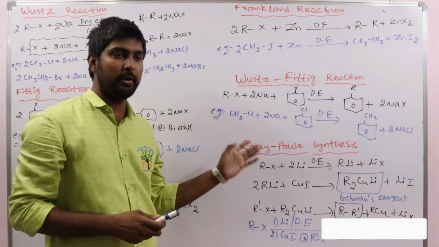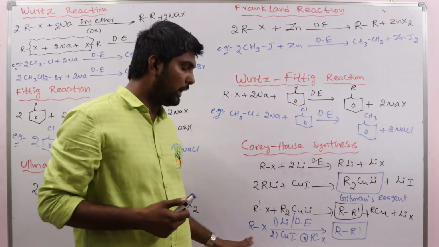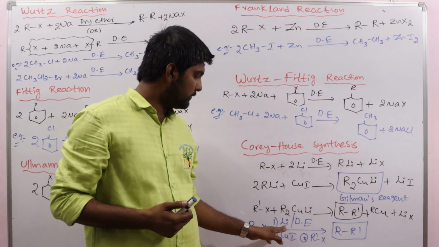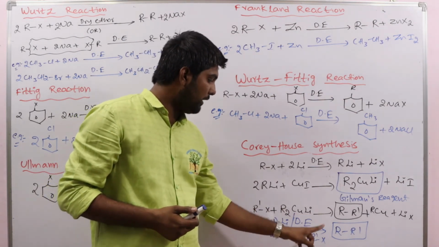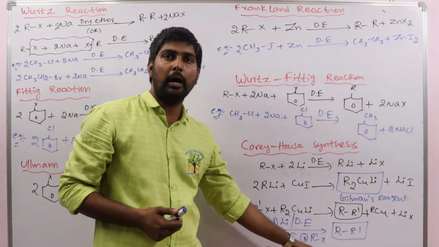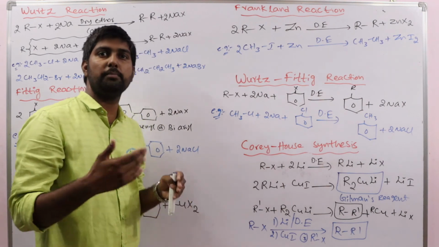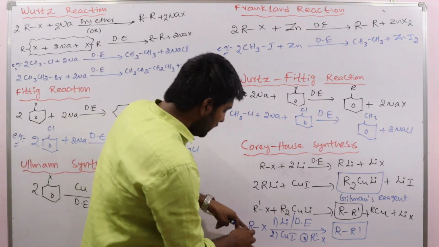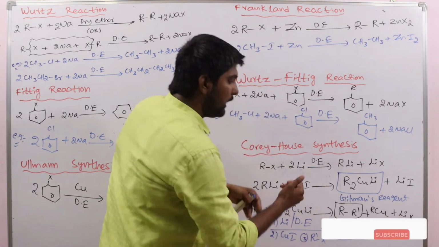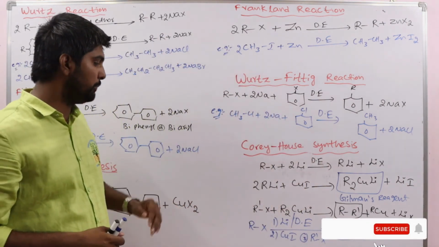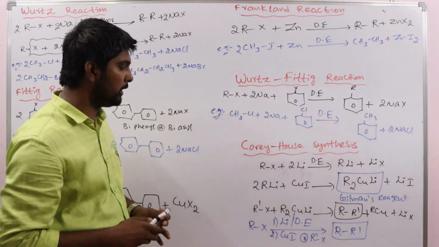Means how to identify first of all whether it is Corey-House synthesis or not. One alkyl halide, next reagent first lithium in dry ether, followed by cuprous iodide, and finally another alkyl halide. Okay, so what is the major product? How to write? Just make a connection between this alkyl group and this alkyl group, that's all. Very simple. Okay, so these two groups may be same or different, no problem, whatever it may be.